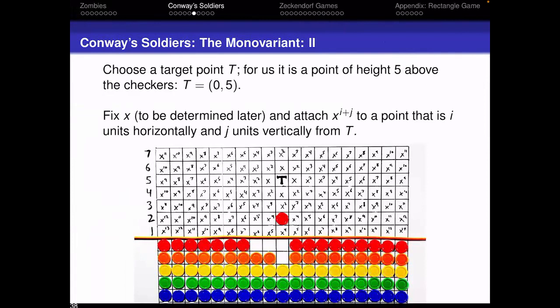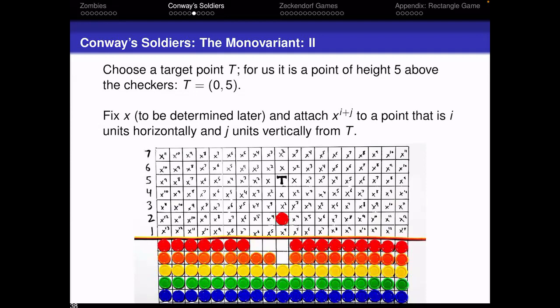If I want to figure out what power of x to put over here, I'm measuring my distance from that point, not from 0, 0, because the whole action is to try to get a point here. And then phi minus 1 to whatever power you have, and that will give you the value of the board.